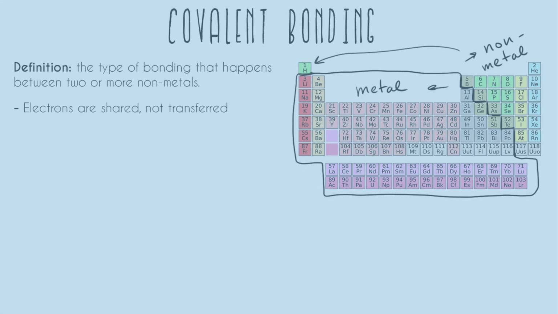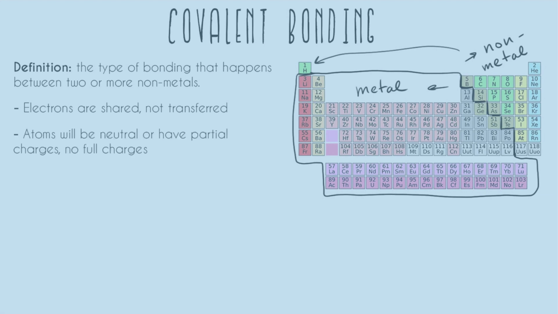All right, so next, in covalent bonds, electrons are shared, not transferred. A lot of the points I'm going to go over are basically there to contrast against ionic bonding, which is probably the other type of bonding you're going over now in your class. With covalent bonding, it's all about sharing. It's not about giving up or receiving electrons.